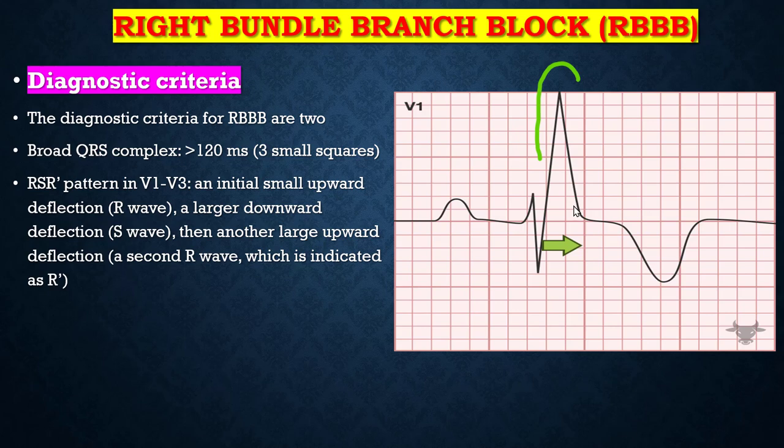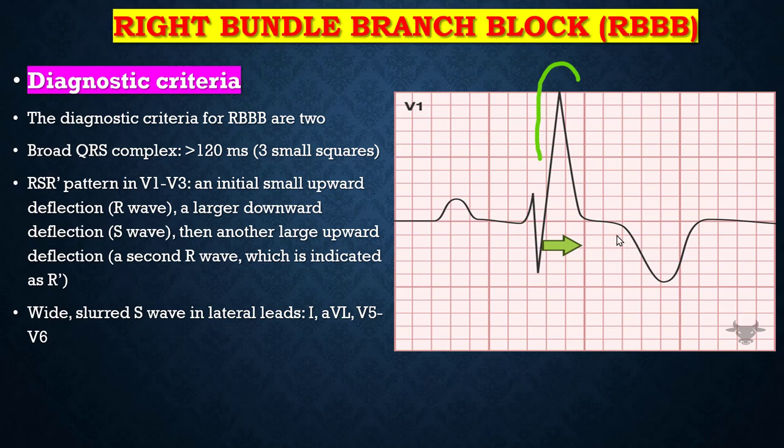RSR pattern in V1 and V3: an initial small upward deflection, the R wave, a large downward deflection, the S wave, then another large upward deflection, a second R wave, indicated as R prime. Normally the P wave is followed by the QRS complex, but in right bundle branch block, the P wave is followed by an R wave, then an S wave, then again by an R wave.